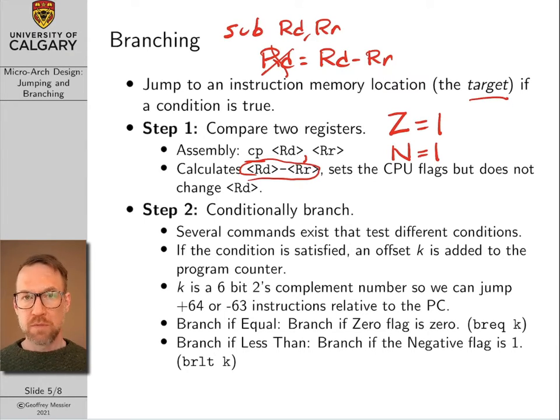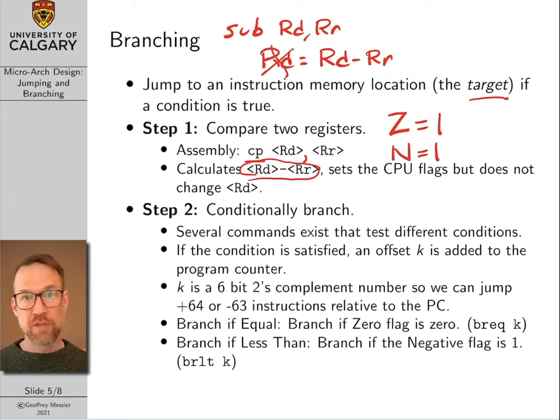So we do this subtraction, we set the CPU flags, and then we call a branch instruction that does a jump based on the settings of the CPU flags. If you look in the AVR instruction set manual, there's a whole bunch of branch commands. They have things like branch if equal, so branch or jump to a target location if the two registers that we compared are equal.